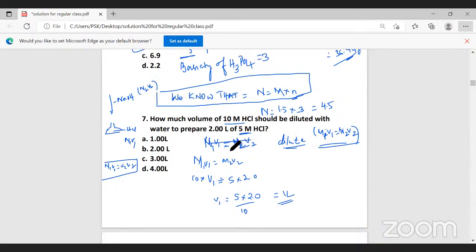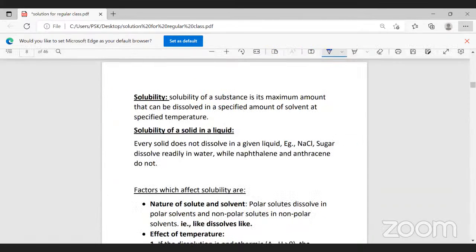If you take 1 liter of 10 molar HCl and you add 1 more liter of water, the concentration reduces to 5 molar. That's what it means. On addition of 1 liter of water to 1 liter of 10 molar HCl, the concentration of the solution will decrease to 5 molar. So is it okay with this problem? Any clarifications?